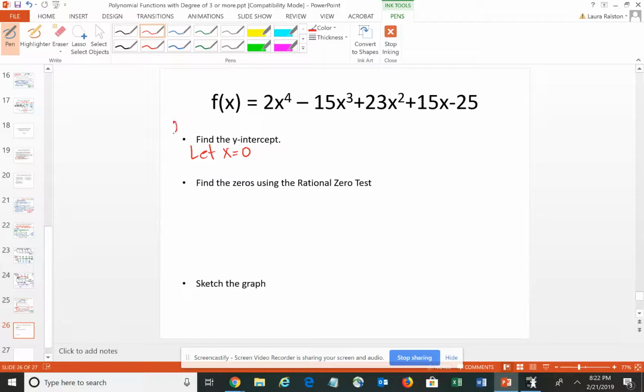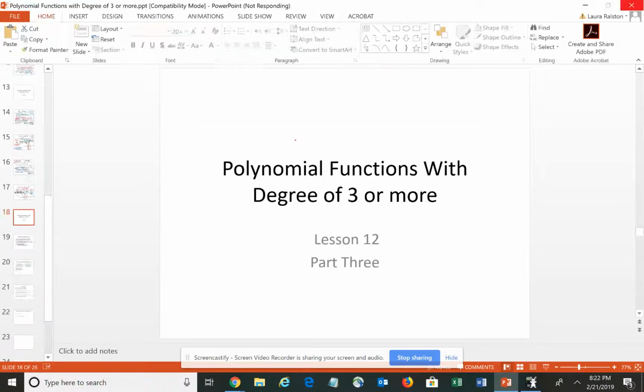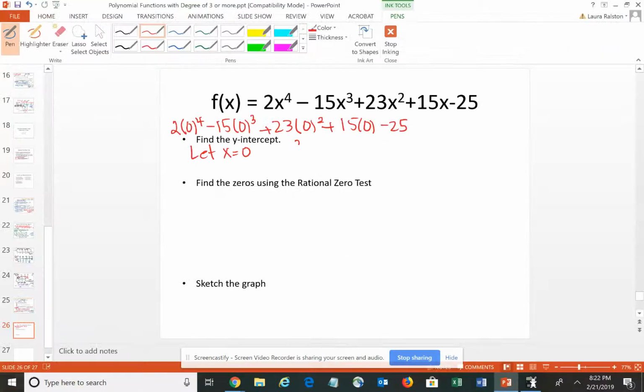So we would have 2 times 0 to the 4th minus 15 times 0 cubed plus 23 times 0 squared plus 15 times 0 minus 25.